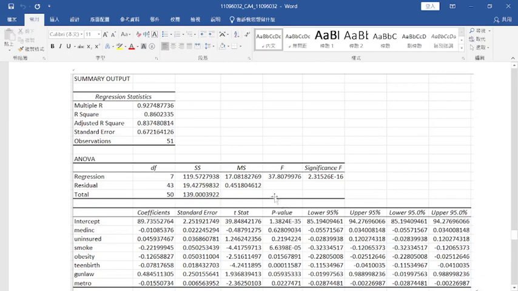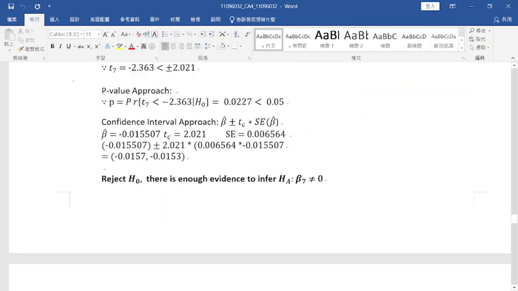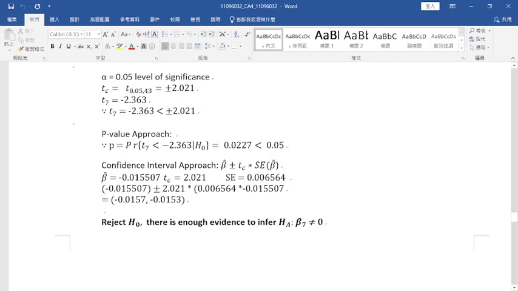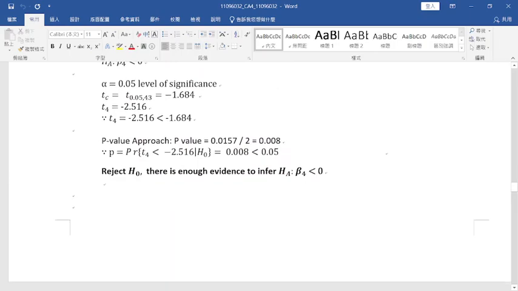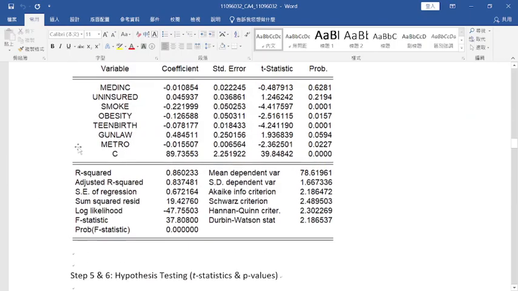Let me see your confidence interval approach here. Hold on. How come this number is different? Where did you get this one? That is from the regression. Let me see. It's this one, right? Then let me see your Excel.